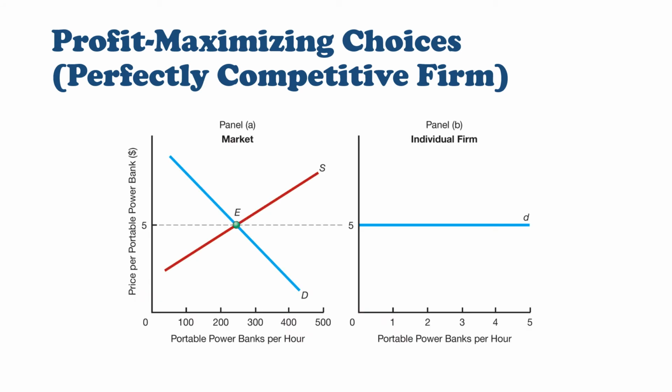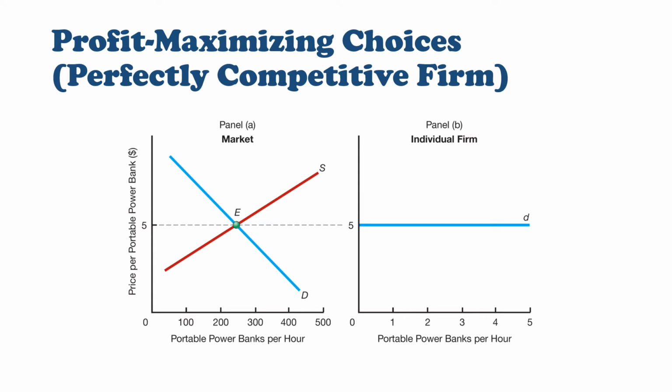Now, looking at the one diagram with the two graphs in it. We see the market, where you have a demand curve and a supply curve. On the left hand side, that's the market demand, the blue line, and the red line is the market supply.